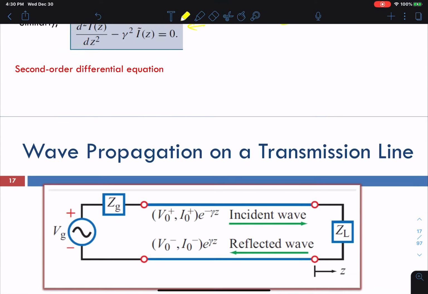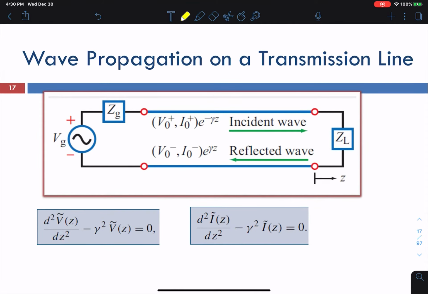So when a signal goes through a transmission line from source to receiver, it's called the incident wave, and some of the wave reflected back from the receiving side is called the reflected wave. So those are the two things over here: one going towards the load and then reflecting back from the load. That's called the reflected wave.